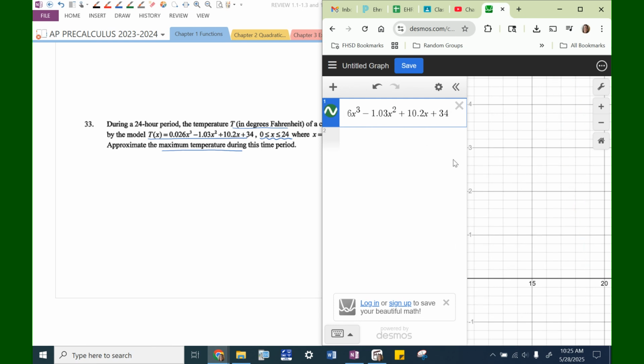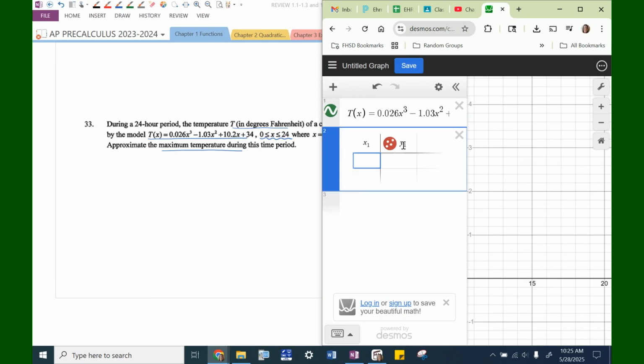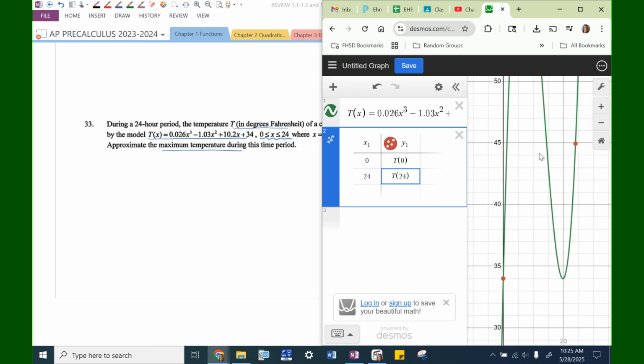Remember, you don't really want to zoom around and find where this is on your own. You can just make a quick little table using the ends of the domain, so 0 to 24. You don't even have to type numbers in here, just T of 0 and T of 24. And then a table will prompt you to zoom fit. So that brings me to where those 2 points are.